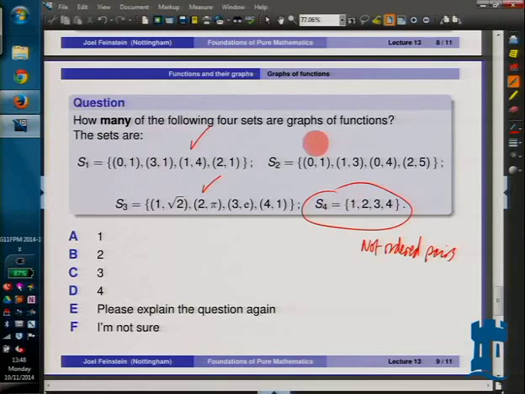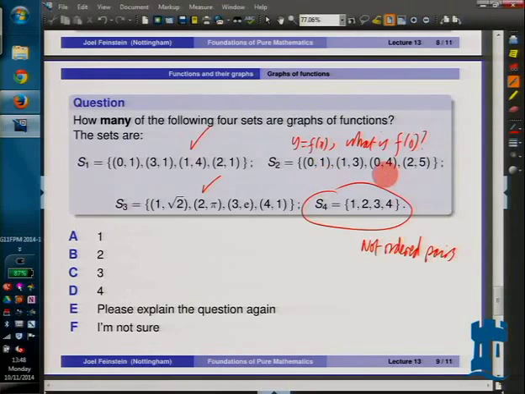Now, this second one has a problem because it looks like, say this was the function y equals f of x, whatever that is, then what is f of 0? Well, this pair 0, 1 tells you that f of 0 should be 1.